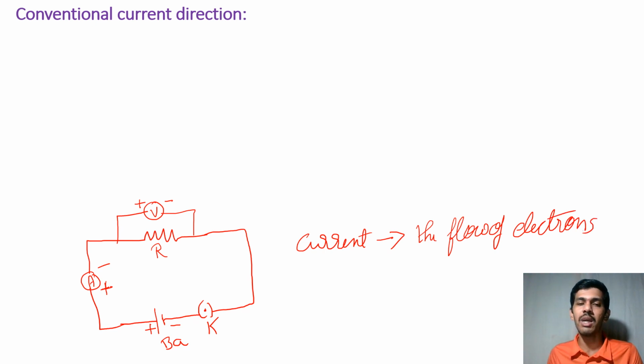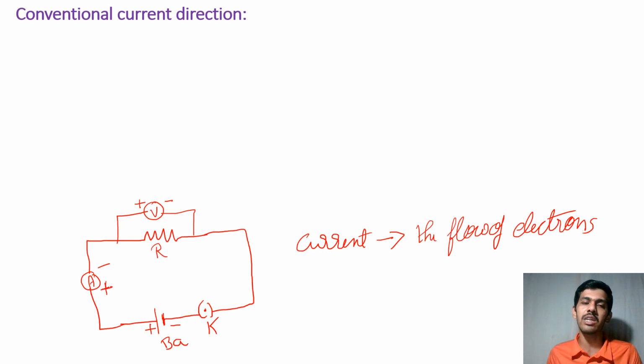In a battery, this is positive and this is negative. Where will the electrons be? Electrons will be more towards the negative side and less towards the positive side. Anything which is at a higher potential always moves to a lower potential. Even water, for example, flows from a higher level to a lower level.